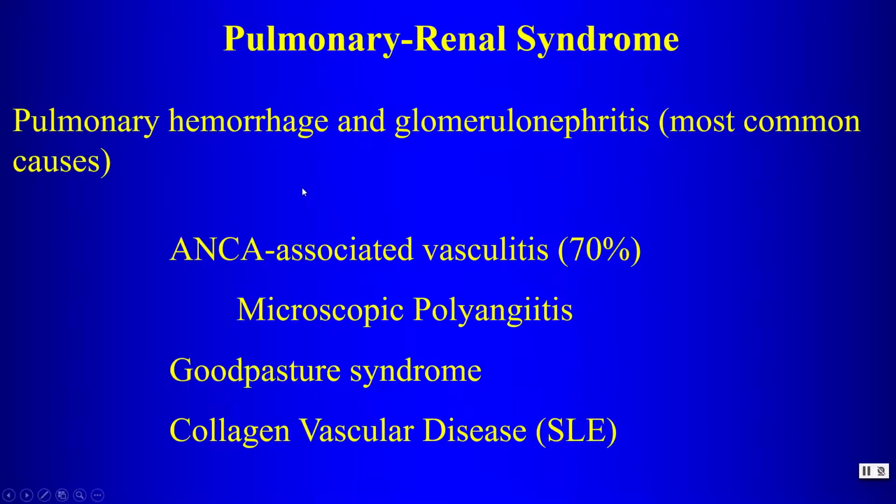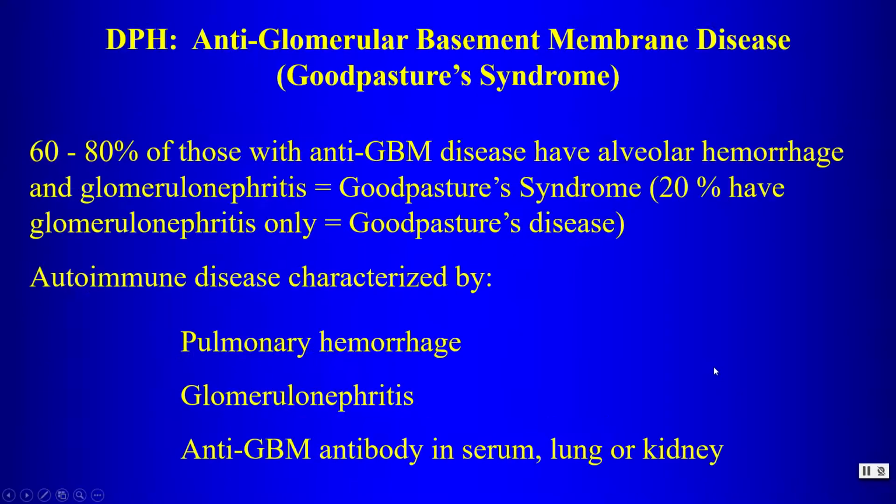Well, here we can have various pulmonary-renal syndromes where we get pulmonary hemorrhage and glomerulonephritis. We can have ANCA-associated vasculitis, especially microscopic polyangiitis, Goodpasture syndrome, and then there are collagen vascular diseases, most commonly SLE, that can also be associated with pulmonary hemorrhage and renal disease.